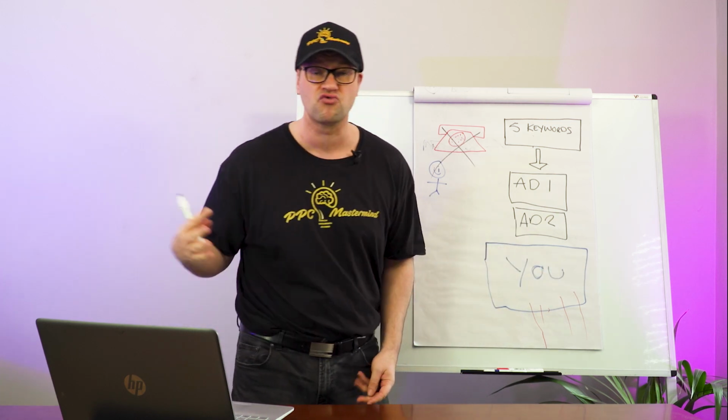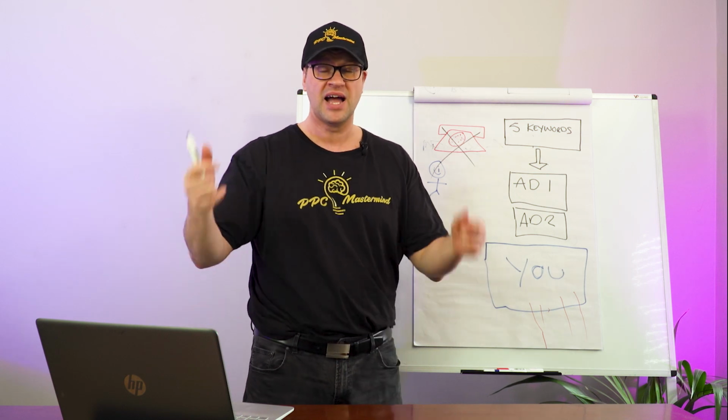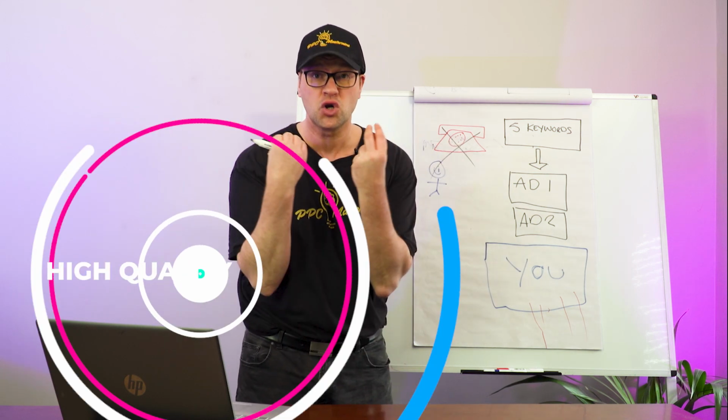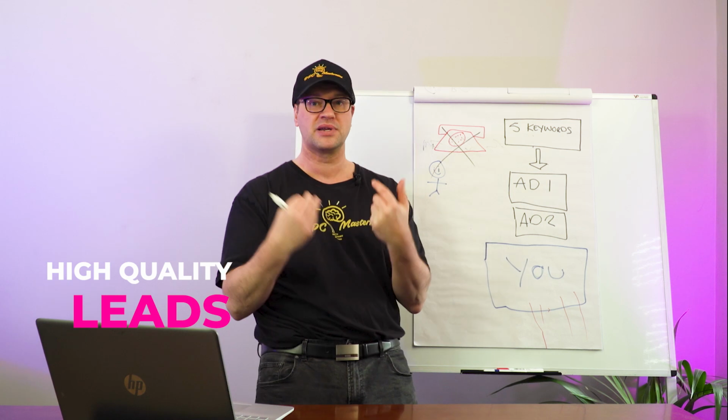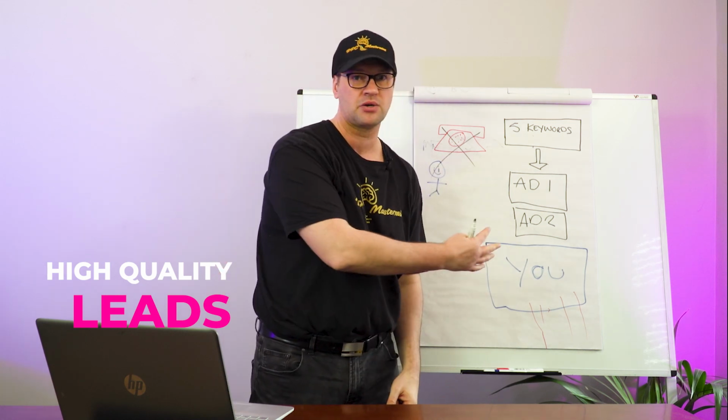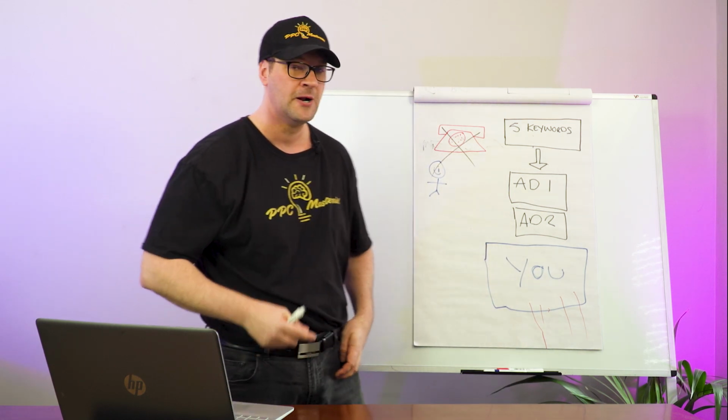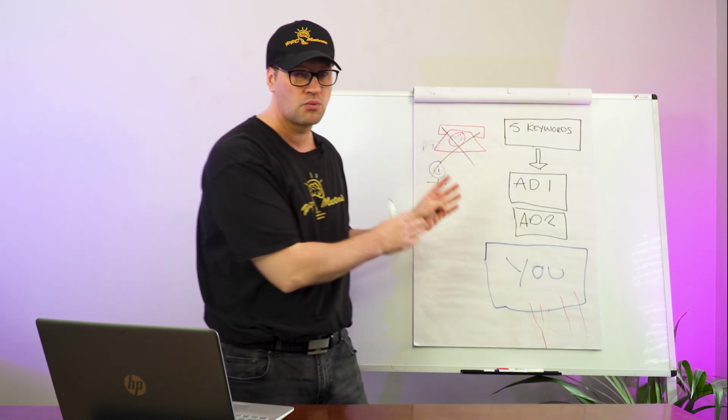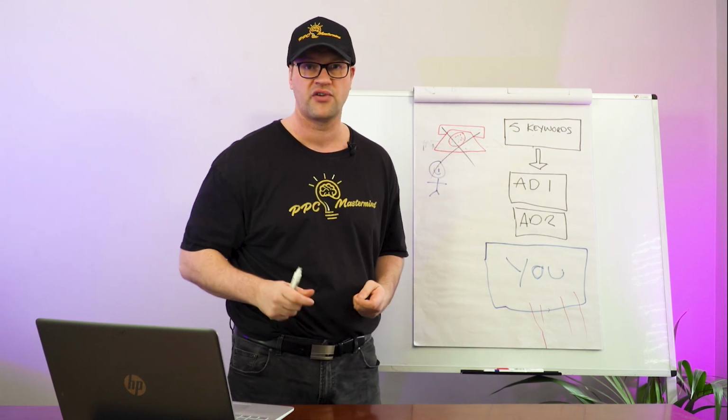That is how you grow your business quickly. And this is how you get high quality leads, because people are coming to you. You're not picking up the phone and you're not cold calling. Forget that for now. Just focus on what I'm telling you so you can try it for your own real estate business.